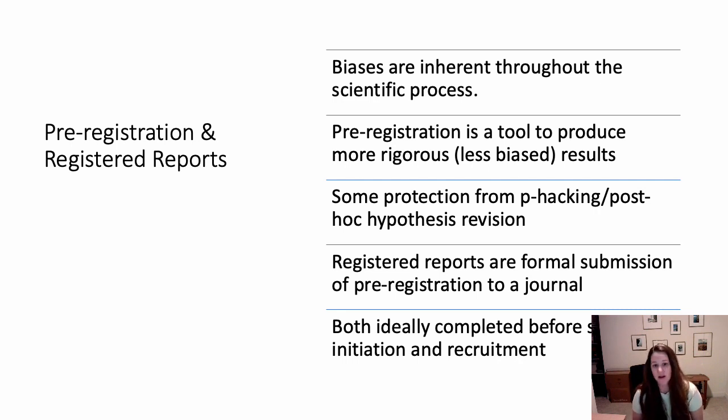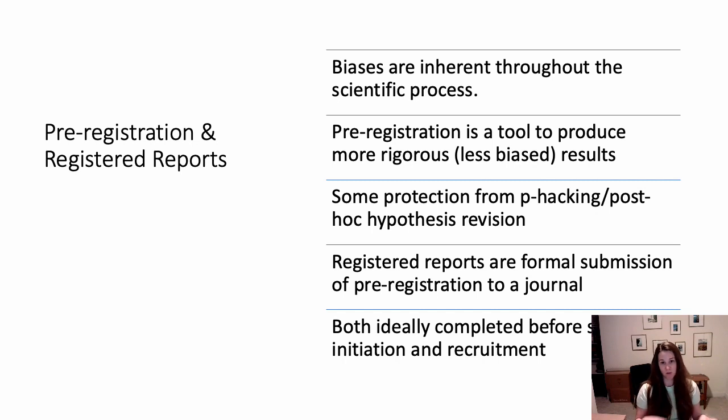Registered reports are a formal submission of a pre-registration to a journal, and registered reports are actually peer-reviewed. Before you start a study, in order to do a registered report, you would do your pre-registration, go ahead and stamp that, and then submit a registered report, which is very similar to that pre-registration.